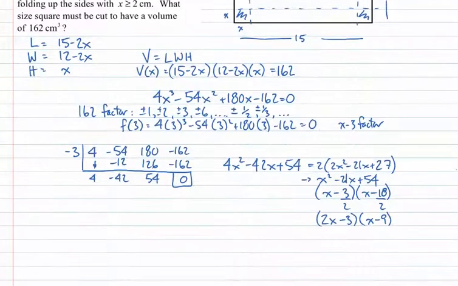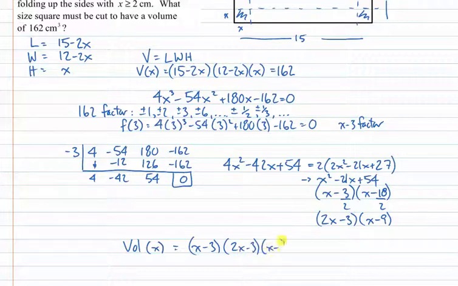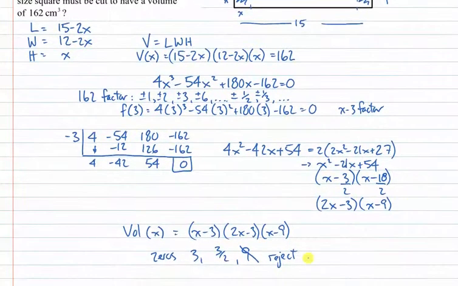So what I've found out then is that the volume as a function of x can be written as x minus 3, 2x minus 3, and x minus 9, leading to zeros of 3, 3 halves, and 9. Now, I'm going to reject 9 because remember that x was the cutout size, and if I had a cutout of 9, I get no width, and for that matter, no length to the box anymore.